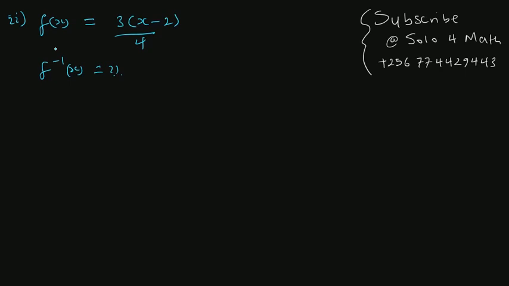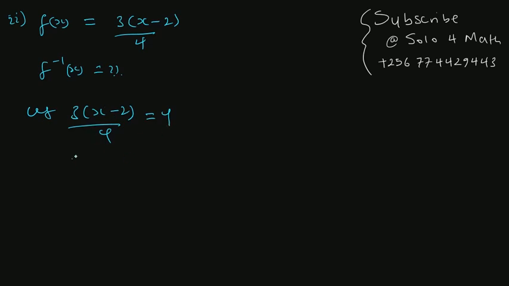We start by letting that function, 3(x minus 2) over 4, be equal to y, any unknown. Then find ways of making x the subject of the formula.